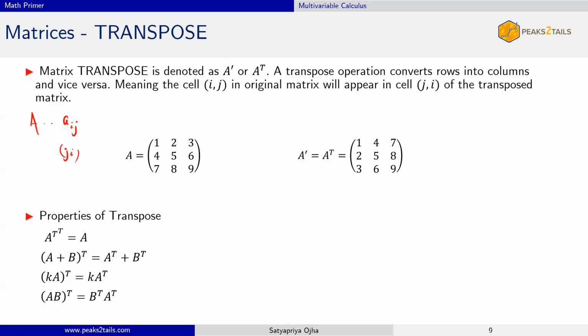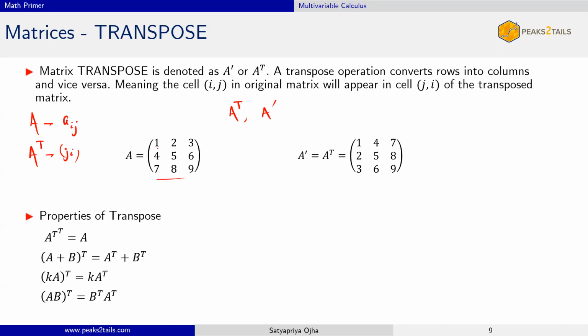Rows become columns, columns become rows. And you write transpose as either A T, or you can write A prime. That also works. Both notations.